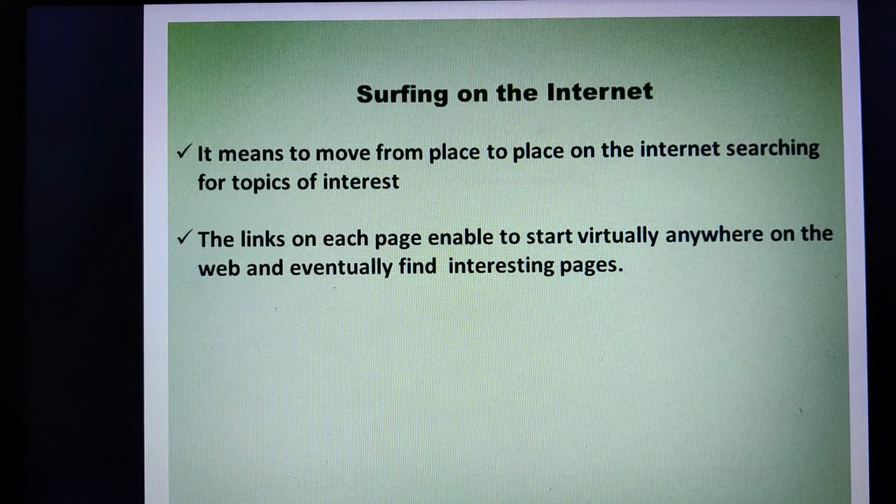Browsing means that intentionally you have some specific information that you want to search, and you start browsing based only upon that particular information. Surfing is when you are not searching for any specific information, you are moving from one website to another, or one web page to another, and somewhere you may find an interesting topic. That is the difference between surfing and browsing.